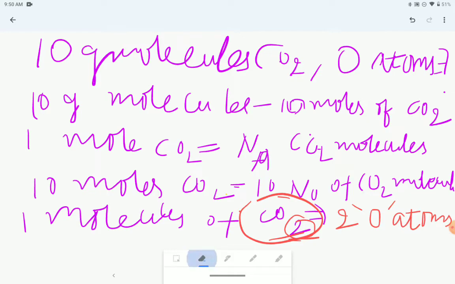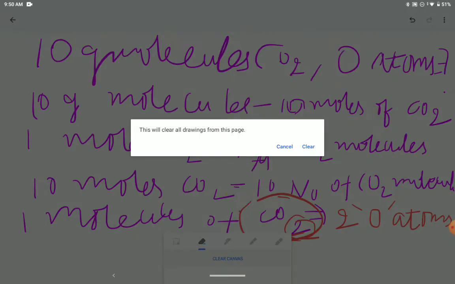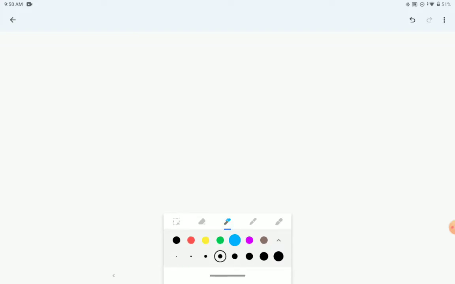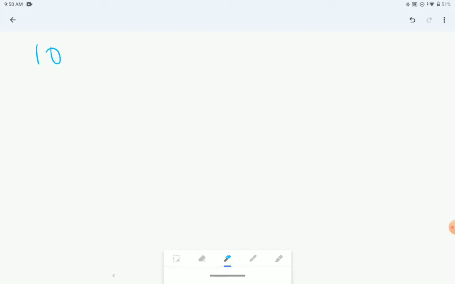That means in the question we are asked: in 10 gram molecules of CO2, how many oxygen atoms are present? We calculated that in one molecule of CO2, the number of oxygen atoms is 2. In 10 moles of CO2, 10 into Avogadro number of CO2 molecules are present.